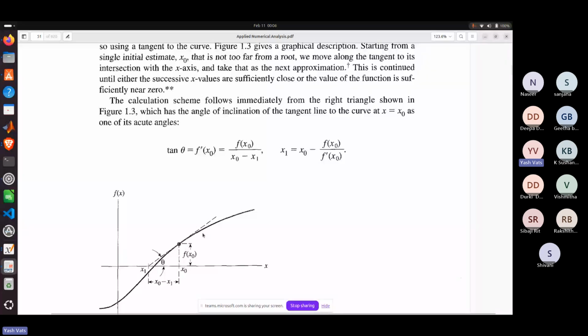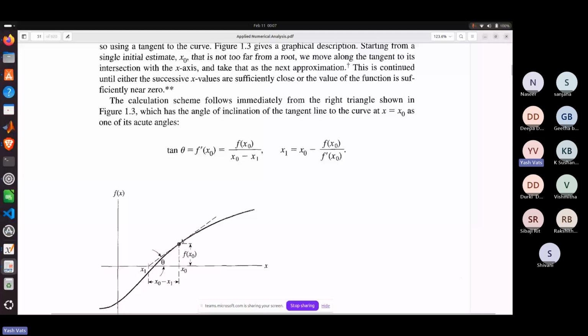Using x naught and f(x0), since f(x0) lies on the curve of the function you are dealing with, just go in that direction along the tangent and end up with an intersection with the x-axis, and that gives x1. The next point comes from solving this equation: f prime of x naught, the derivative of f at x naught, is the slope of the angle it makes with the x-axis, which is f(x0) divided by x naught minus x1, using the tangent property.